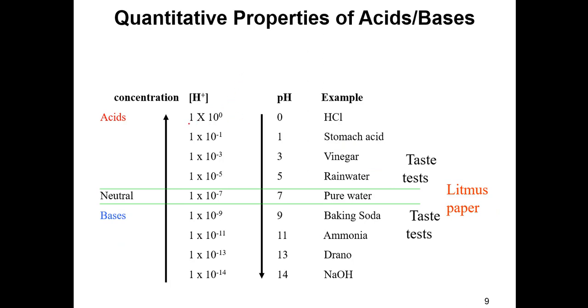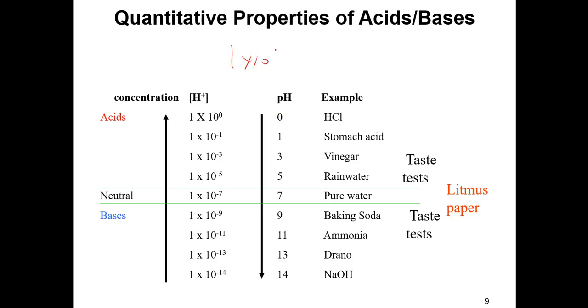We can automatically assume that if the coefficient is equal to 1, then whatever that exponent is, that exponent value is going to be the pH. Pretty simple trick.